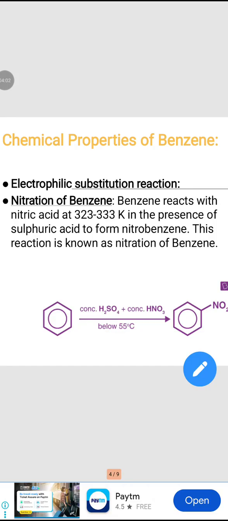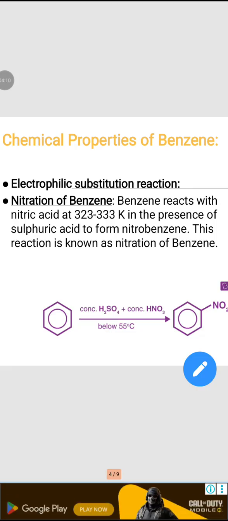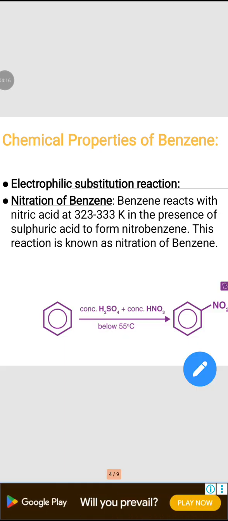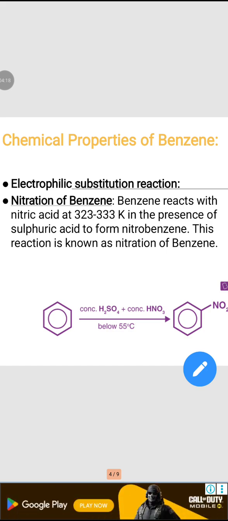The first one is nitration of benzene. Benzene reacts with concentrated nitric acid, HNO3, in the presence of sulfuric acid at 323 to 333 Kelvin to form nitrobenzene.